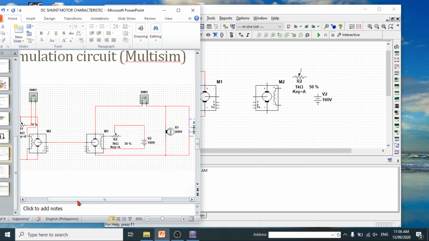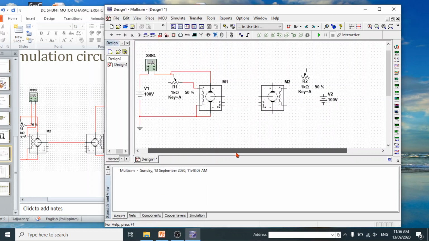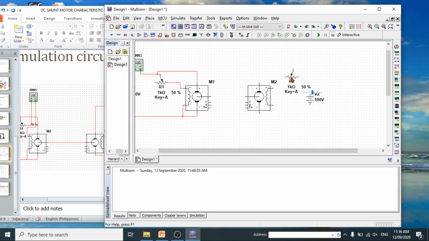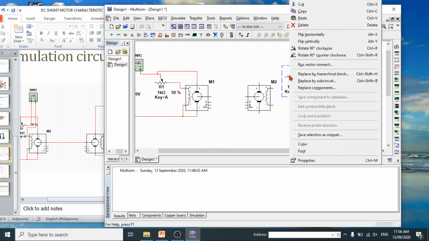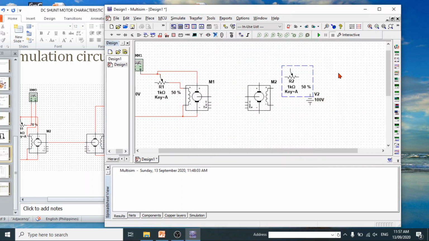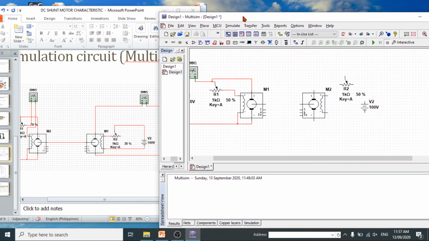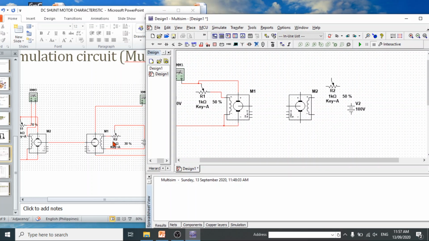Let's see if the positioning is the same. So we need to flip this one horizontally. The positioning of the potentiometer would be this one.